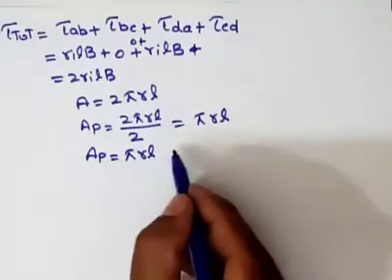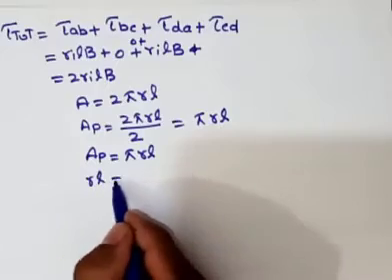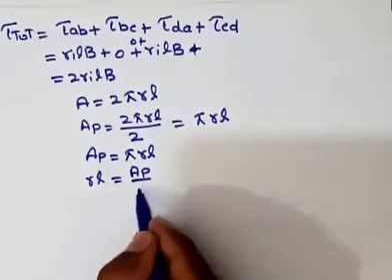The value of R L is equal to A_P over pi.